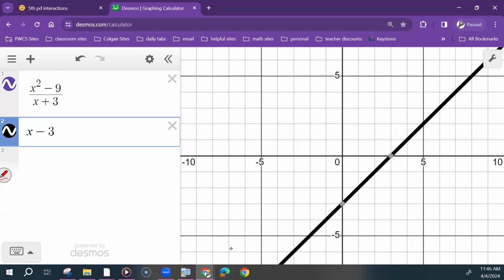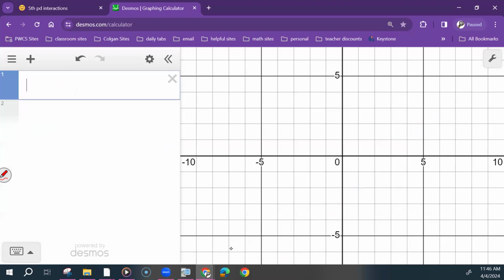Yes. Number 3. On that same page, like SOL practice and SOL math. You would type that in, but with X's.